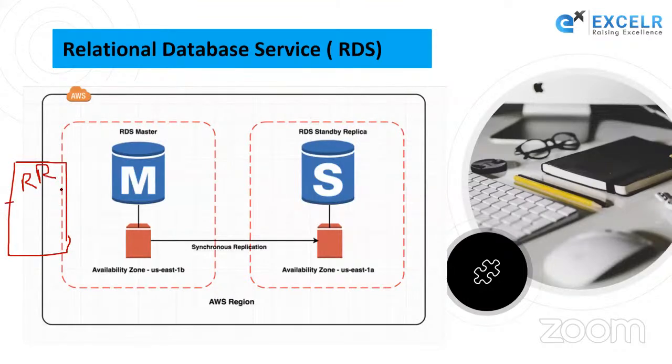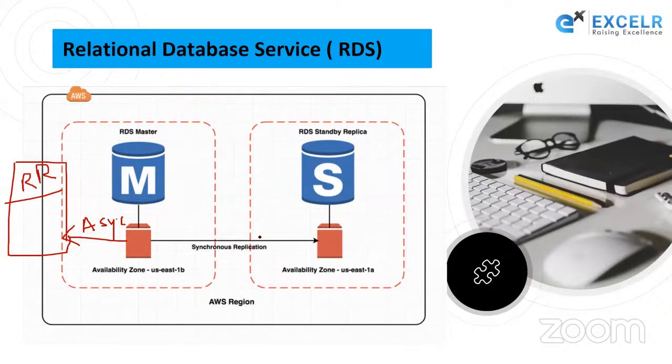It is going to have data synchronization from your database as an async method, which means your data will not be real-time synchronized. So there will be some lag between your original data and the data in your read replica.